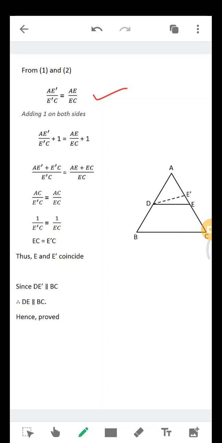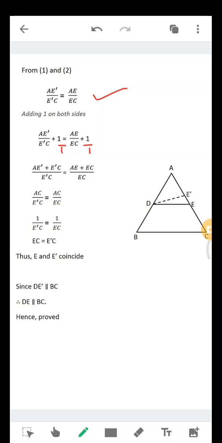From 1 and 2 equations we have got this. I'll add 1 on both the sides of this result. There is no change when you add 1 on both the sides of any equation. So AE' by E'C plus 1 is equal to AE by EC plus 1. When you simplify it, you find the LCM.